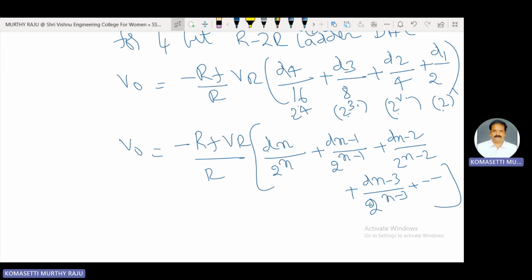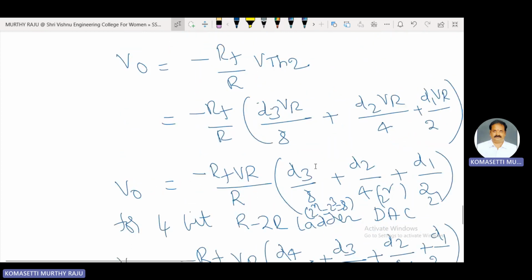This is the main drawback. More power dissipation causes heating, which in turn creates non-linearity in digital to analog converters. This is a serious problem and can be avoided completely in the inverted R-2R ladder type digital to analog converter.